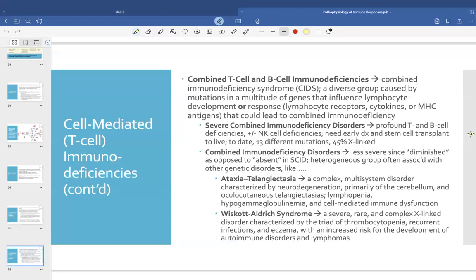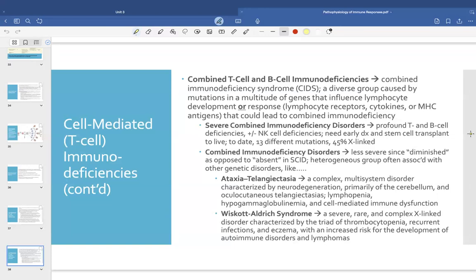Other combined immunodeficiency disorders are less severe, because T cells are diminished, or their function is diminished, but not absent. Again, a broad spectrum, and there are a couple of conditions there: ataxia telangiectasia and Wiskott-Aldrich syndrome. Most of these are probably going to be identified earlier on in life.